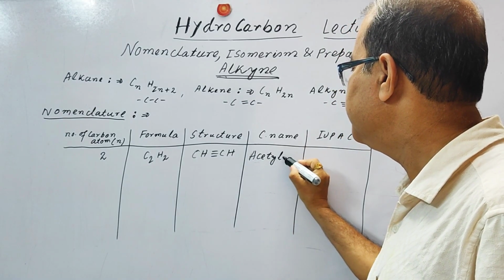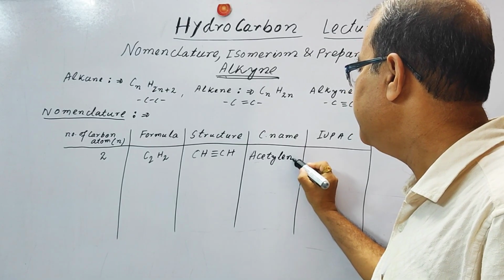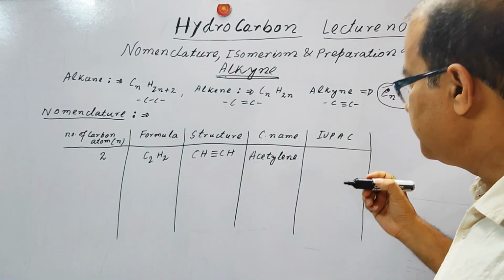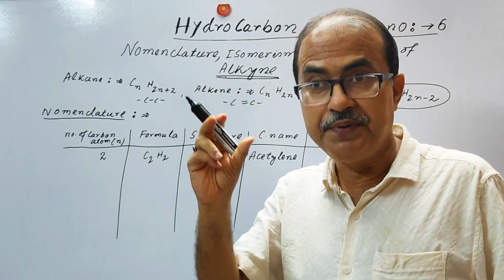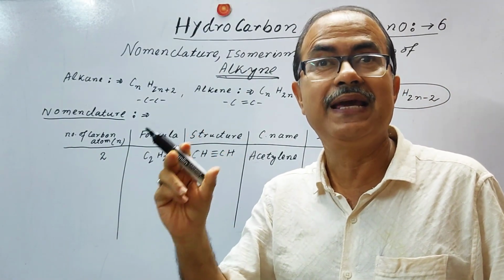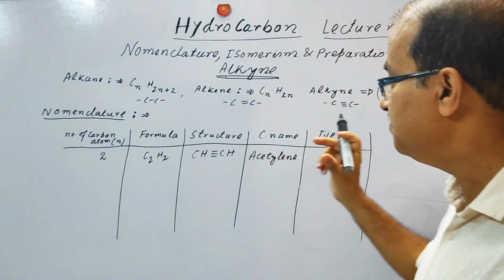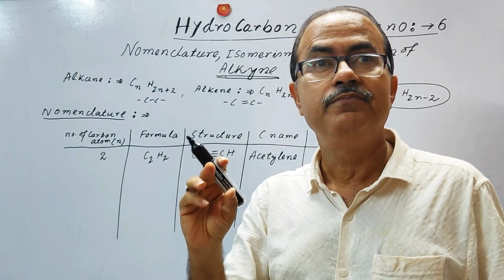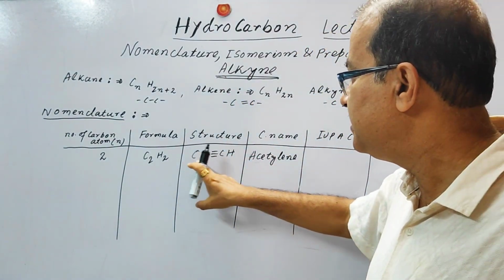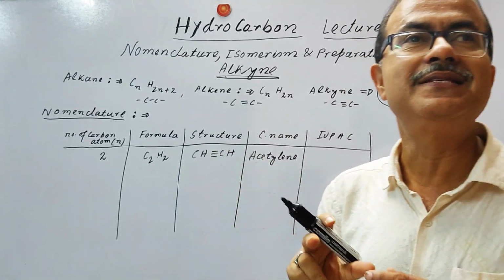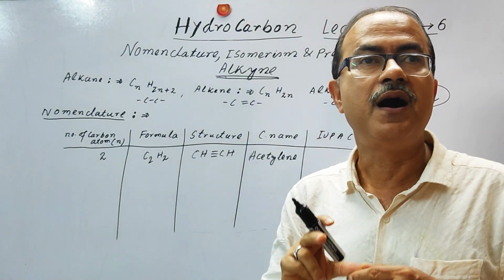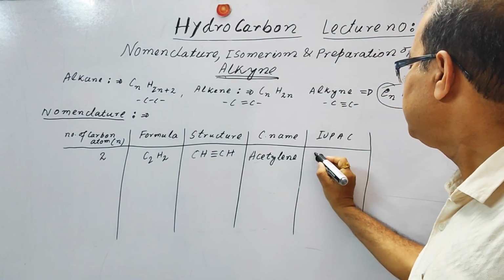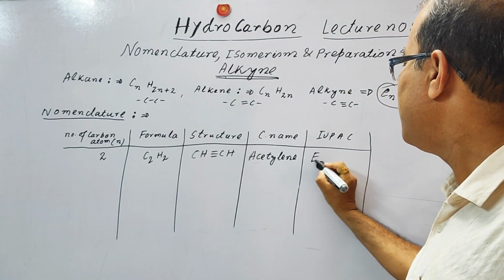The IUPAC name is derived from the parent alkane from which it has been produced. As it is a 2 carbon compound, the alkane name will be ethane.